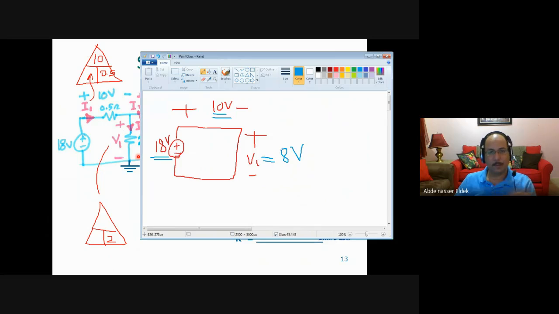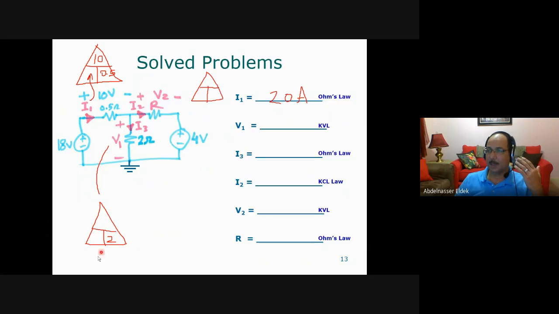Now when you apply Kirchhoff voltage law, 18 minus 10 minus 8 will be 0, or you can say 18 equals 10 plus 8. Then in this case you can calculate the first voltage, V1. V1 equals 8 volt.